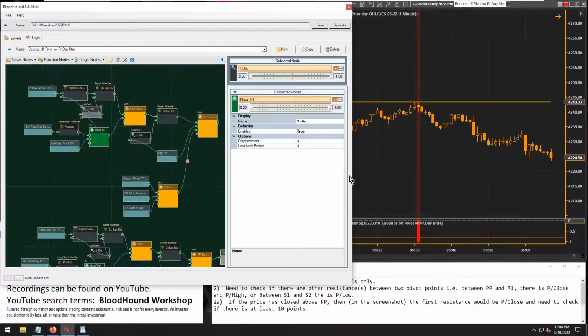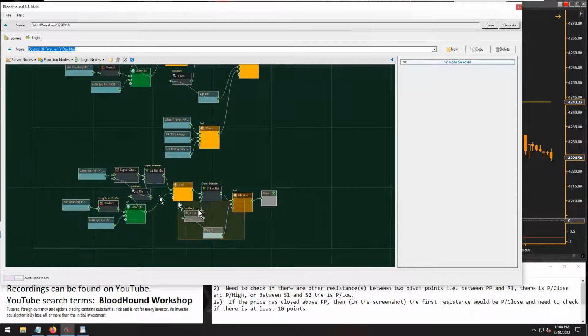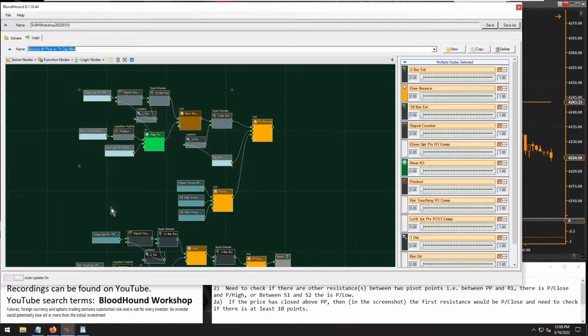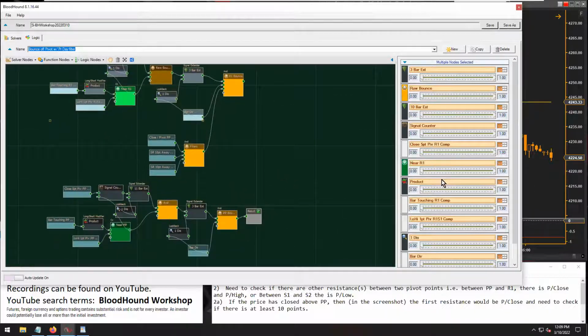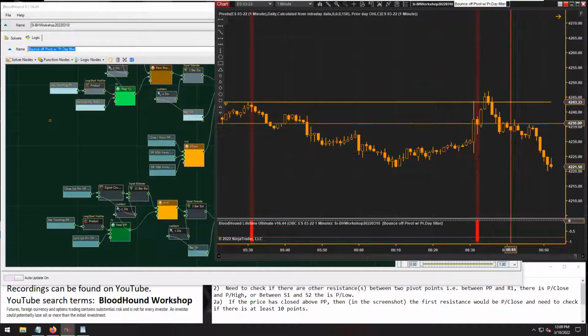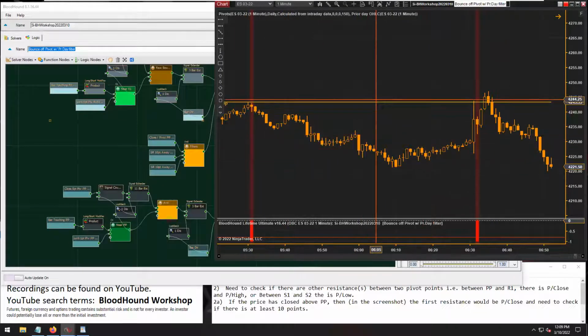Right. So remember, whatever kind of modifications you make to one set of logic, you're going to want to reduplicate that to the other sets so that they're all functioning the same, right? So this kind of behavior that happened here could easily happen with all the other pivot lines as well, right?